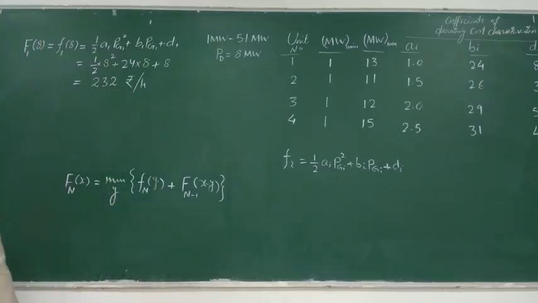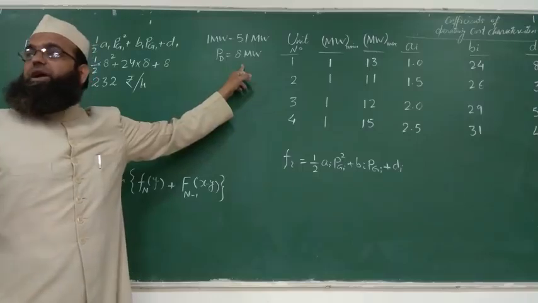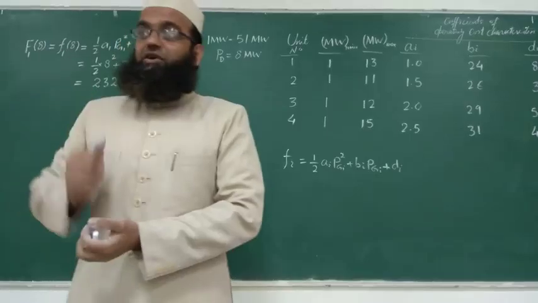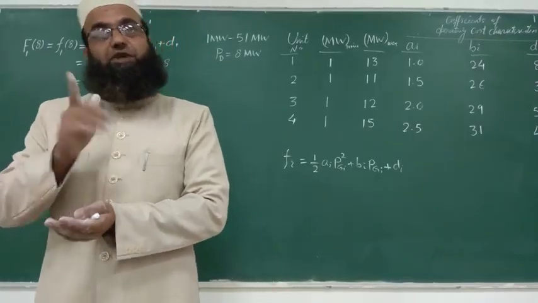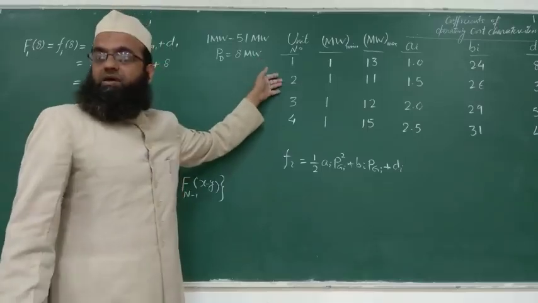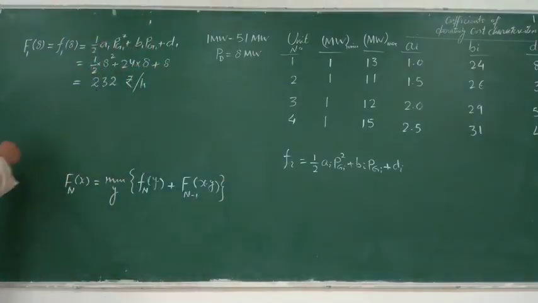So the next task will be to check the operating cost if the same demand is being met by 2 units. But till now we don't know the optimal combination of units, so that's why we will check each combination. So the first combination, let us say first and second. The representation of that case will be: the number of units will be 2 and demand will be the same, 8.